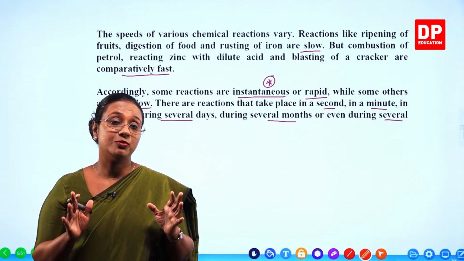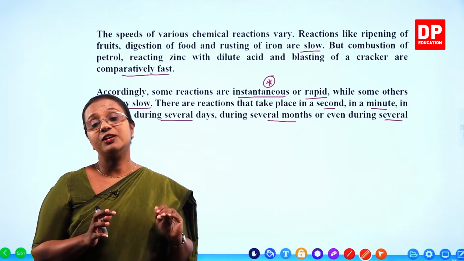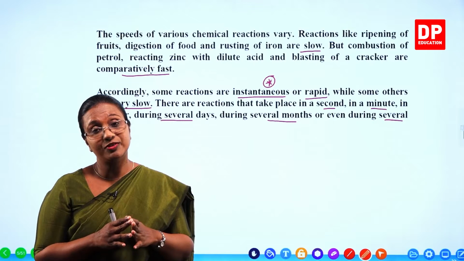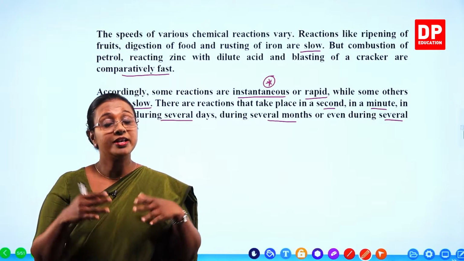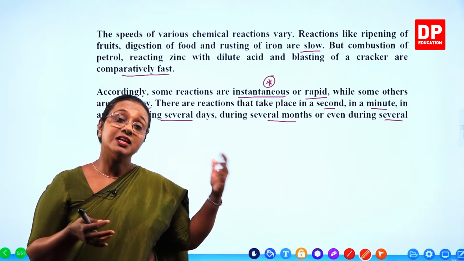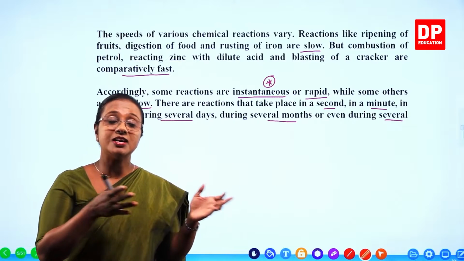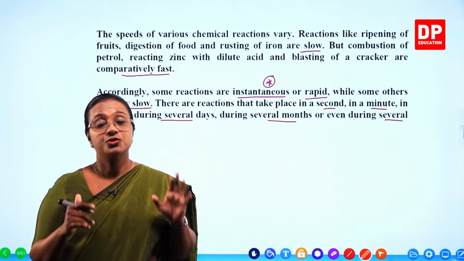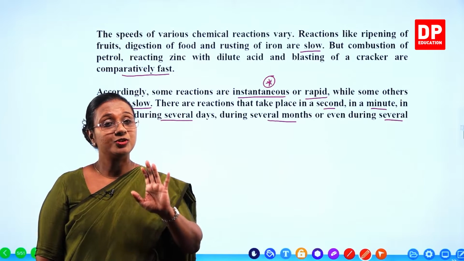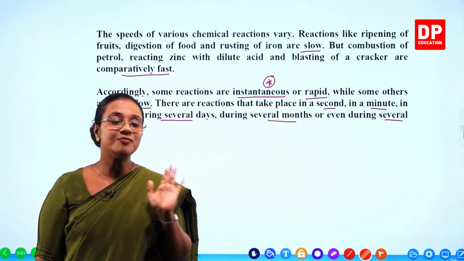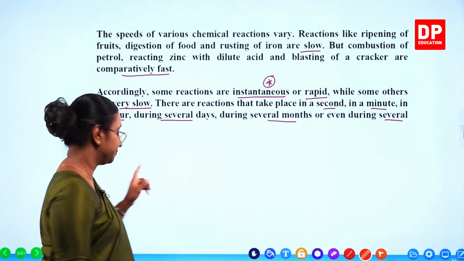As I said before, students, we need a definite way to express the rate of reaction. Otherwise, it will depend from person to person, on how we look at the reaction, we will say one is fast, one is slow. Because of that, we need to define rate of reaction. I am sure you all can understand that concept clearly. So with that, I will move on to the next slide.